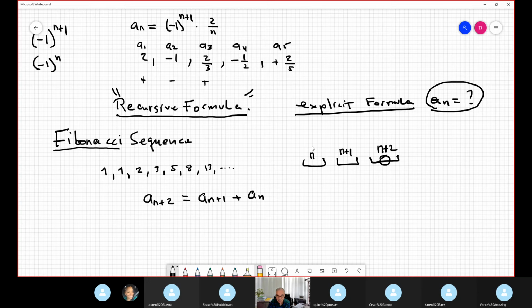The number in position n plus 2 is equal, according to the recursive formula, to the sum of the two previous, this plus this. And you can express the formula for the sequence in a relatively nice way, without finding the complicated explicit form. So sometimes we have this or this.